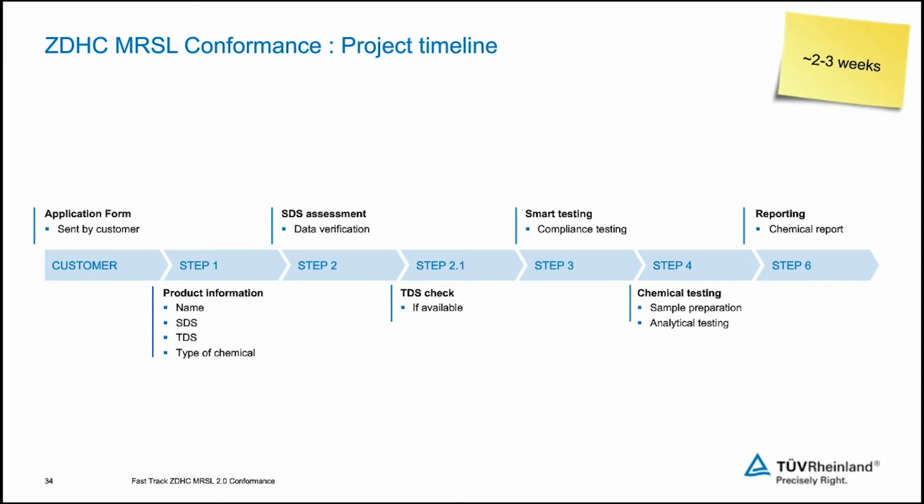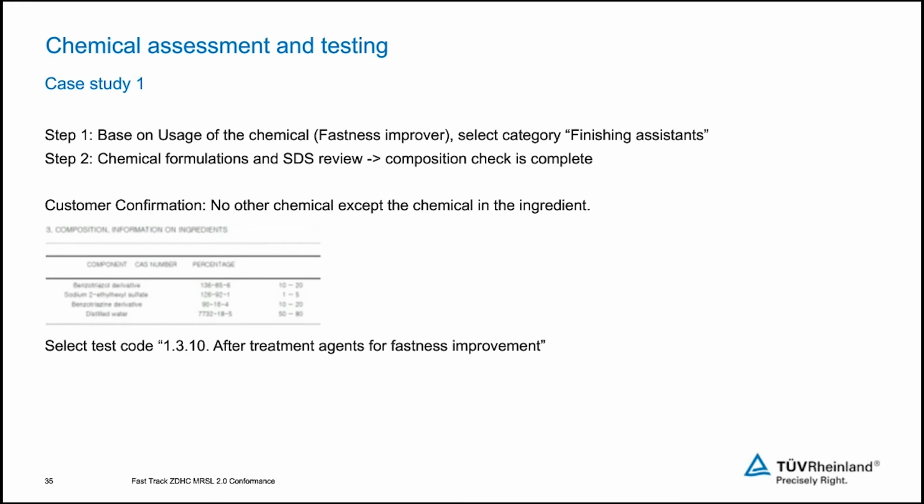Here are some case studies. Case study 1: we received the application form and full information from the customer. The customer also informed us that the use of the chemical is as a fastness improver. Based on this information, we select the category finishing assistant. We do the chemical assessment for the formulation and also perform the SDS review.